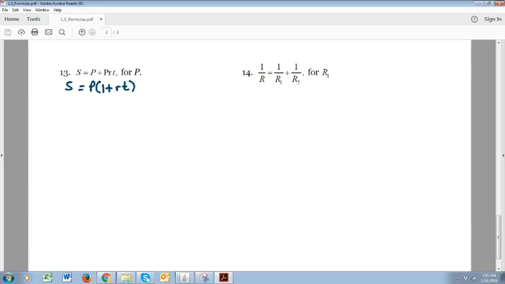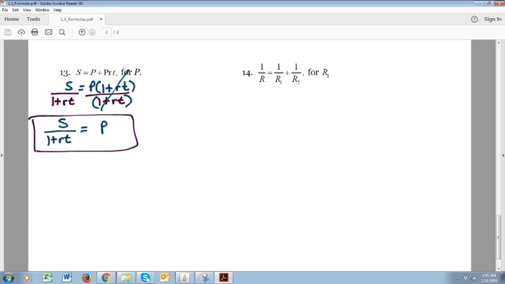On the other side we'll still have s. And so now it's quite easy to solve for p. I just got to divide by 1 plus rt. And so those 1 plus rt's cancel. You're left with p on the right, and then s over 1 plus rt on the left.